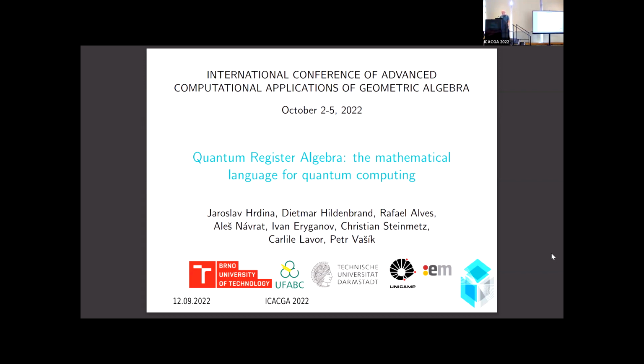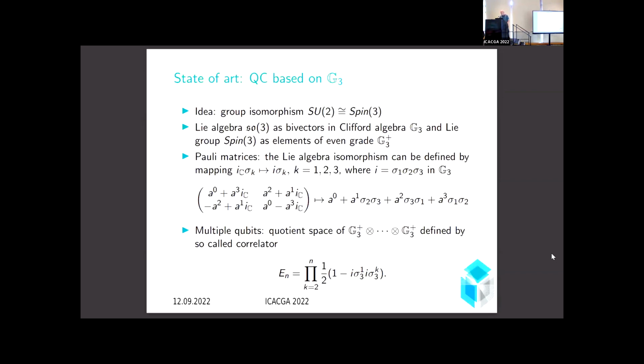Our discussion is about how to simulate quantum computation with the help of geometric algebras. Before, let me say a few words about the classical concept. You can find many papers on it, and all of them are based on the following observation. Qubits can be realized as a Lie group SO(2), which is isomorphic to Spin(3), which are in fact unit quaternions.